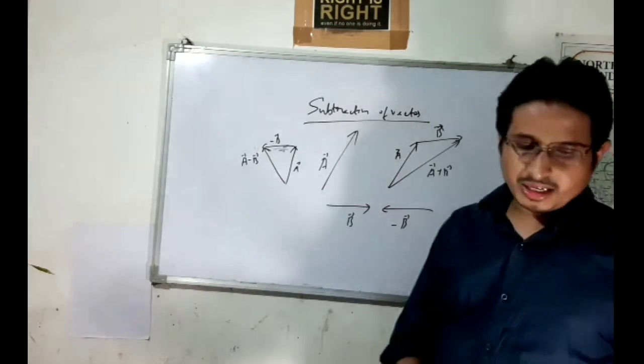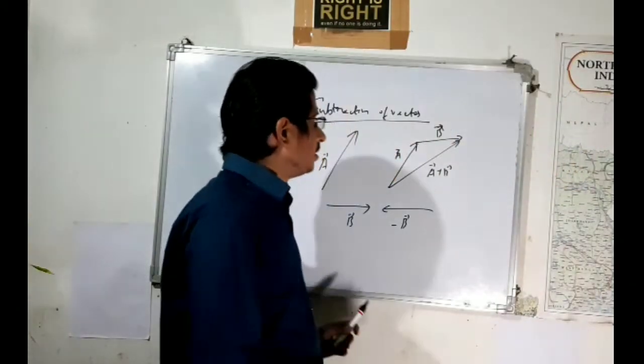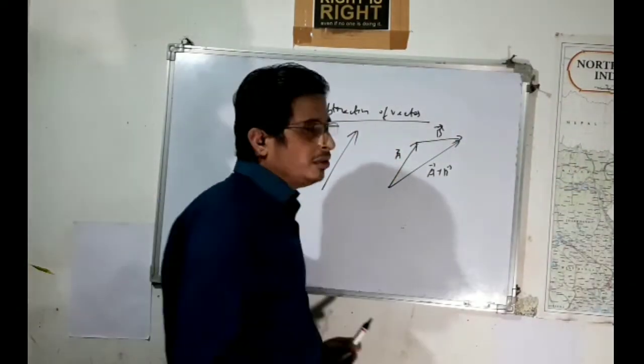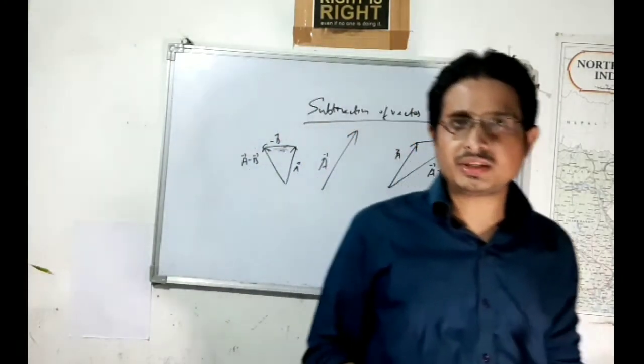Remember that vector addition holds commutative as well as associative properties.